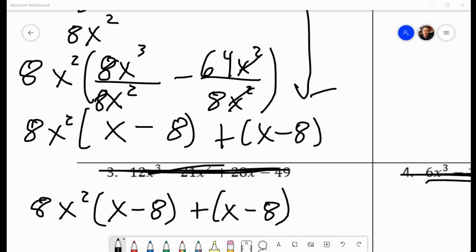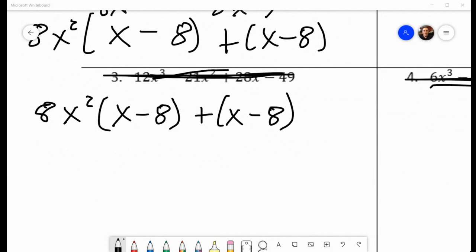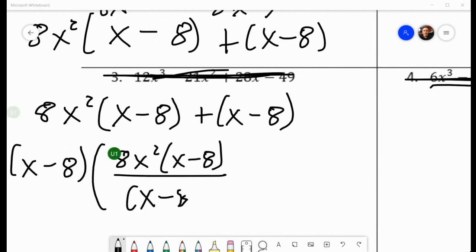After factoring the groups individually, we can see that we have something in common, x minus 8. So we factor that out. We have 8x squared times x minus 8 over x minus 8.